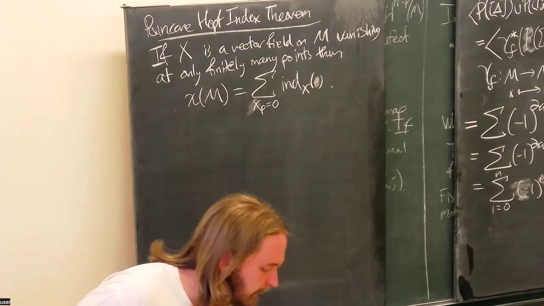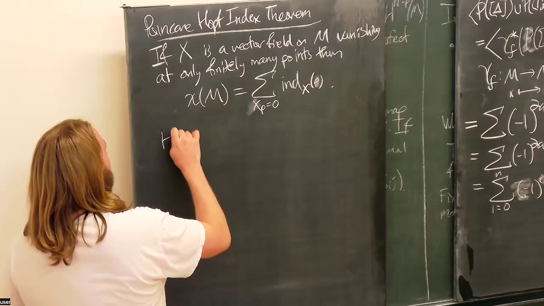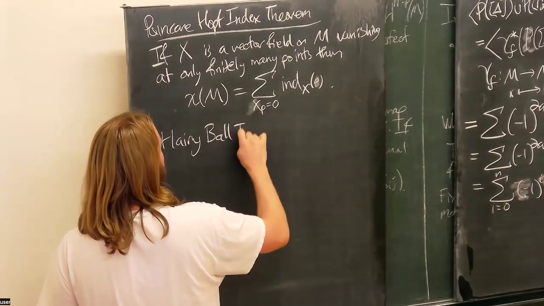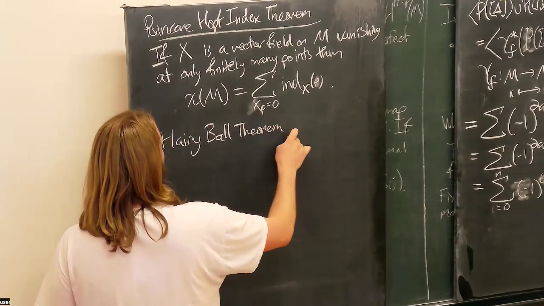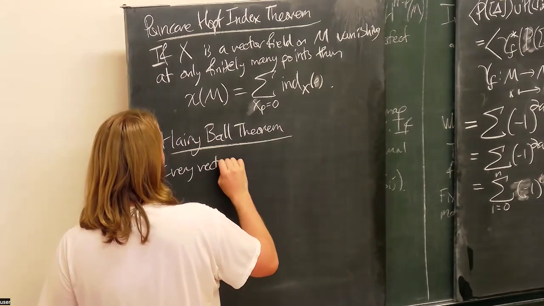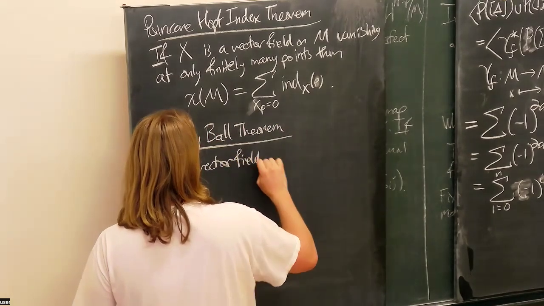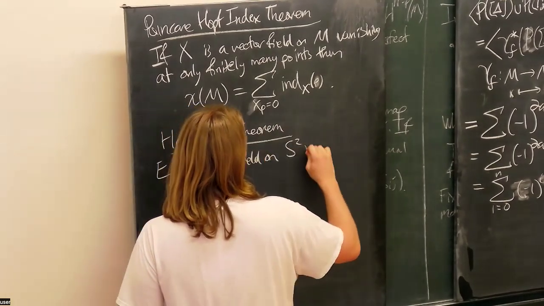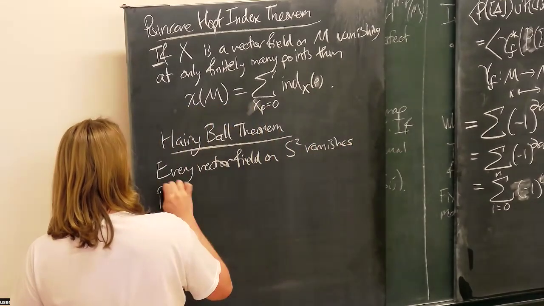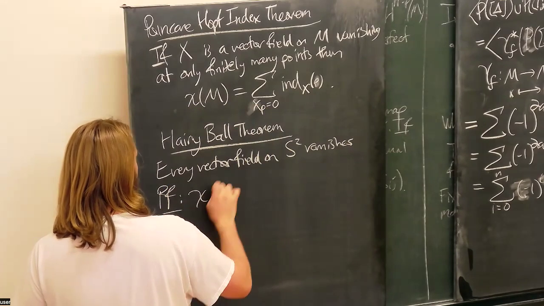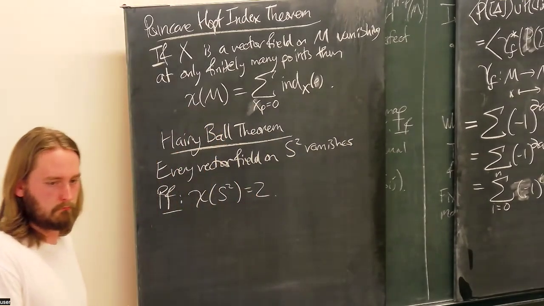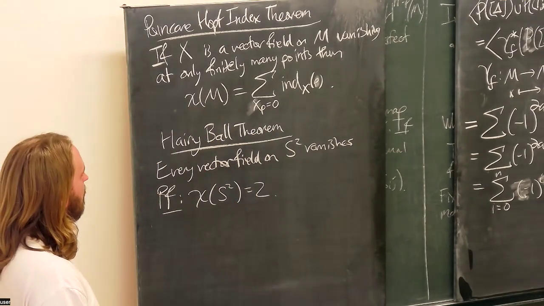So, as a result of this, you have the hairy ball theorem. The field plus 2 vanishes. Somewhat. And the proof. There you go.